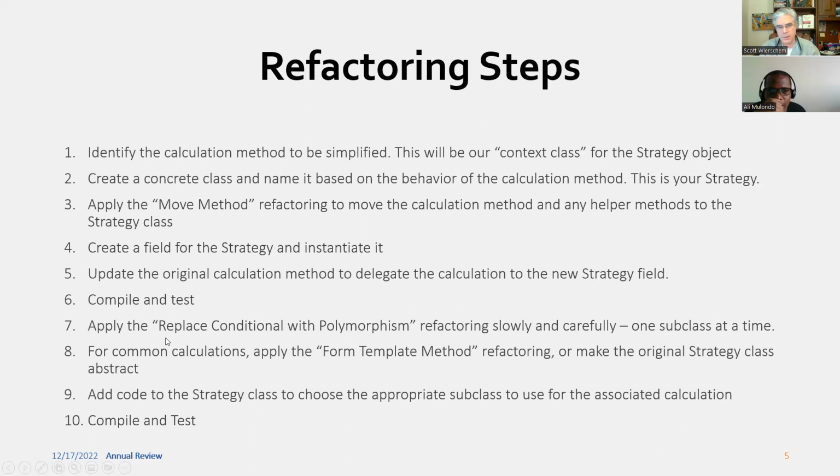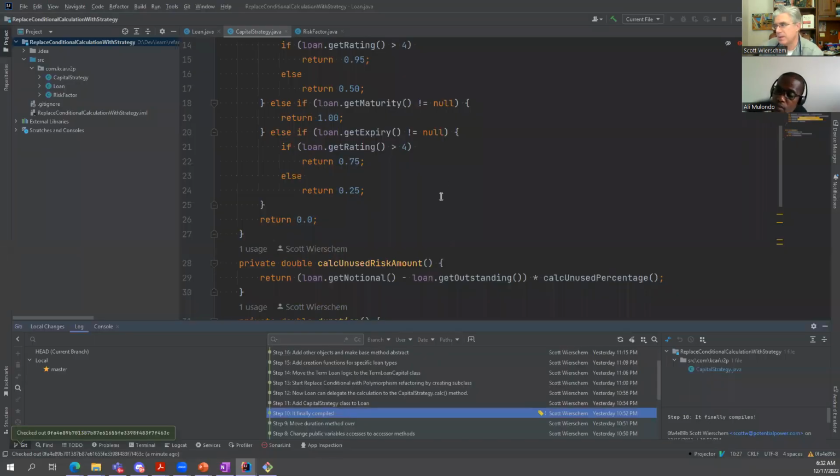Now we start going through our if statement and applying the replace conditional with polymorphism to implement the rest of the strategy pattern, okay?